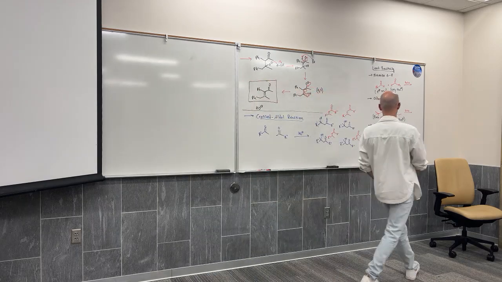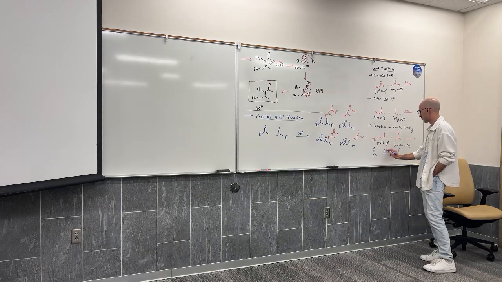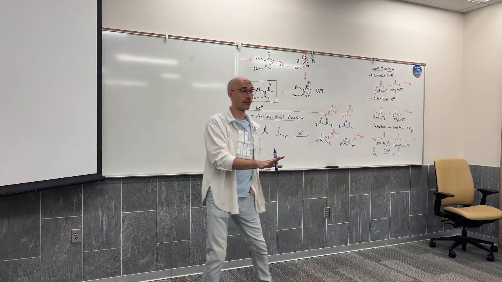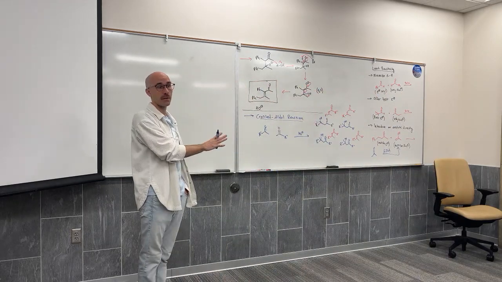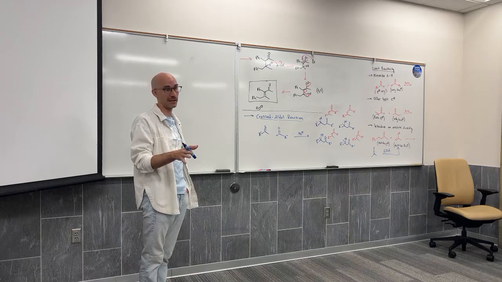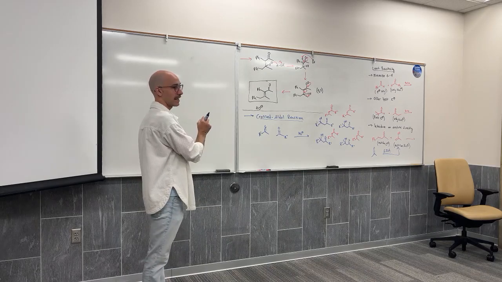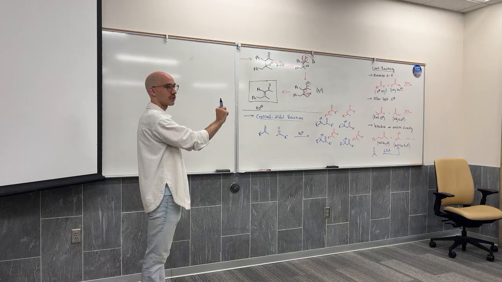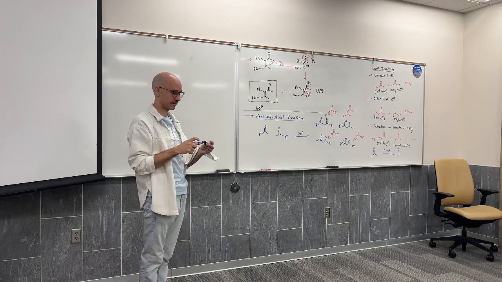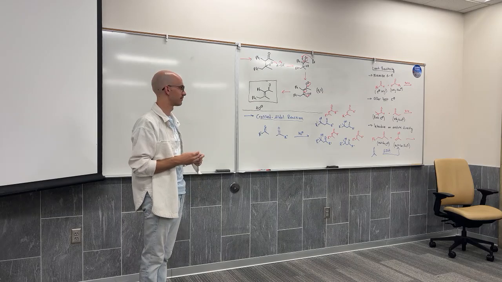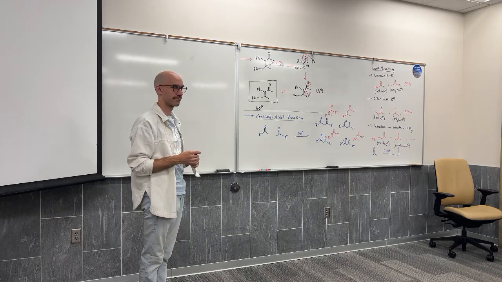LDA. And this time I want it in one equivalence. I want a stoichiometric, maybe even an excess amount of LDA, so that 100% of that ketone is introduced to the reaction as an enolate, or at least greater than 99%. What do you think?